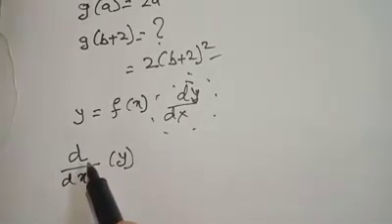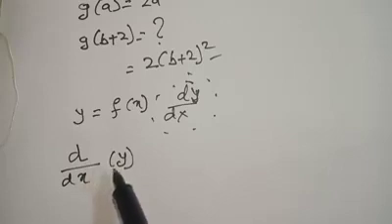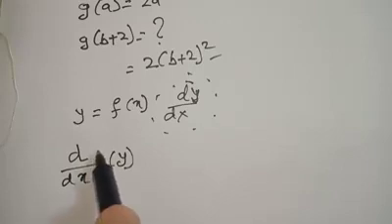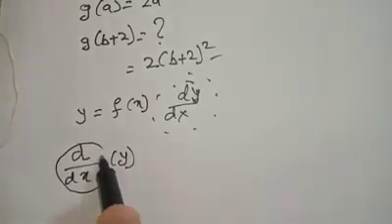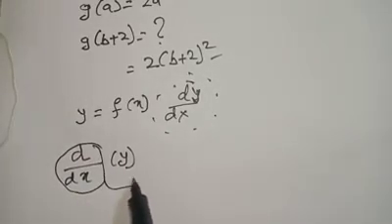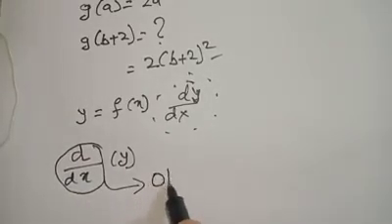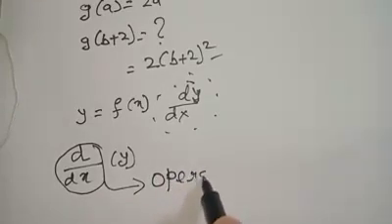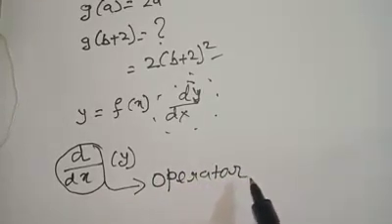If you put y over here, this d by dx becomes dy by dx, right? So we can consider this part as an operator. We consider this to be an operator, right?